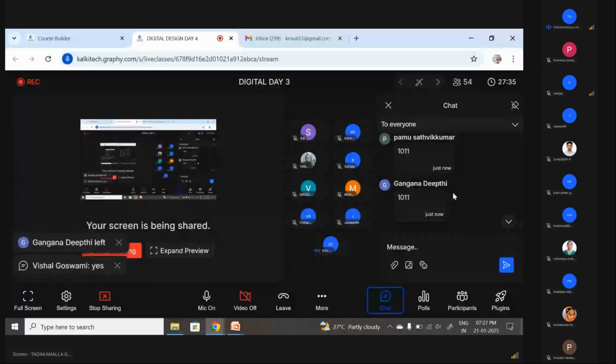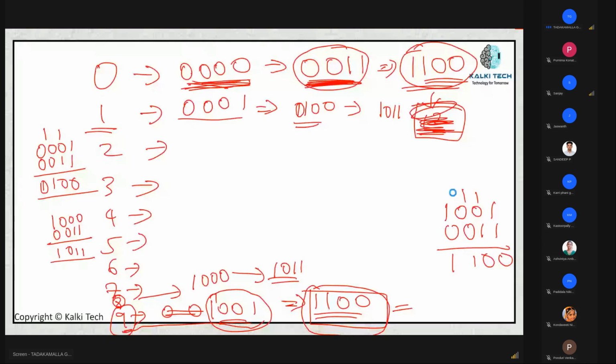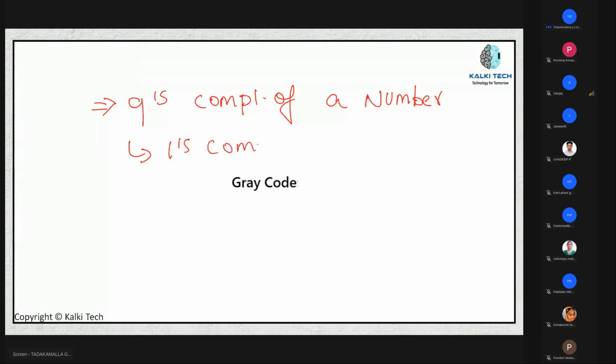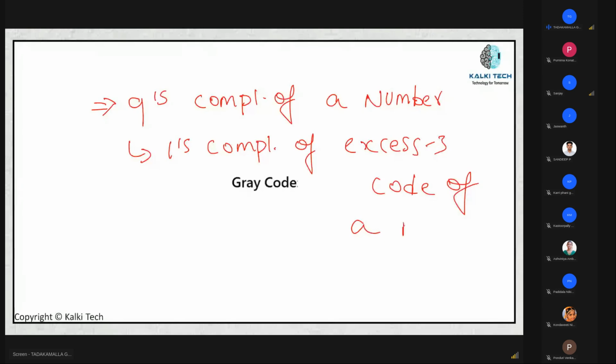Okay. So here can I conclude that if you want to find the nines complement of a number, then you can simply find the ones complement of the XS3 code of the number?